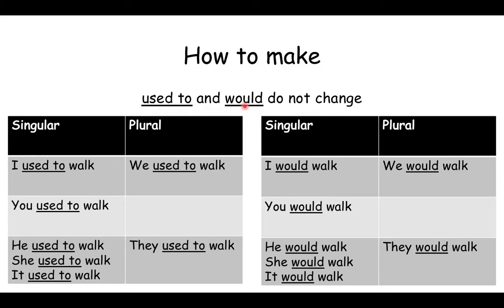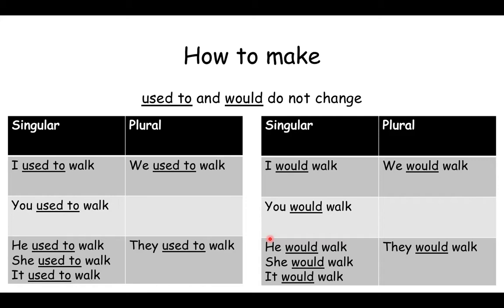So used to and would do not change if you are saying I or you or any of the types of people or things that you can talk about. So for example, instead of saying we do not, when we say she does not, we put the S at the end. For present, that's changing something.